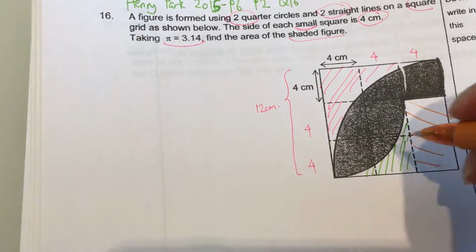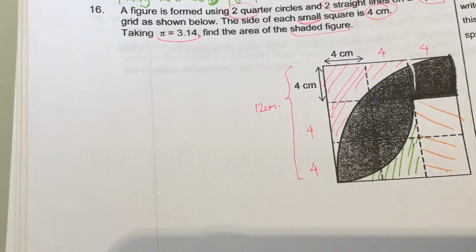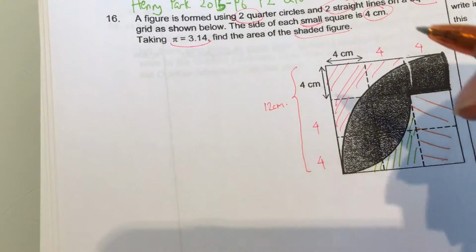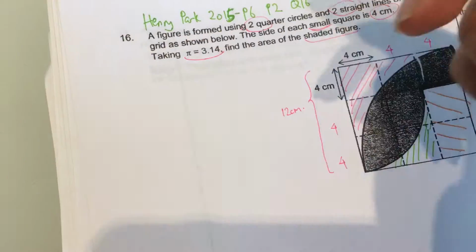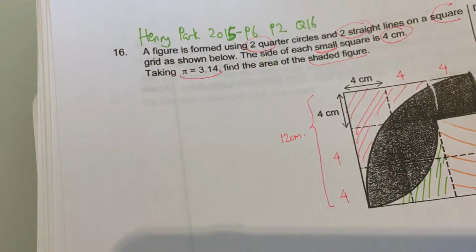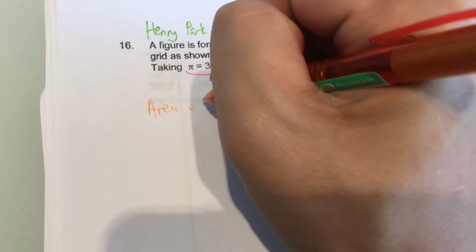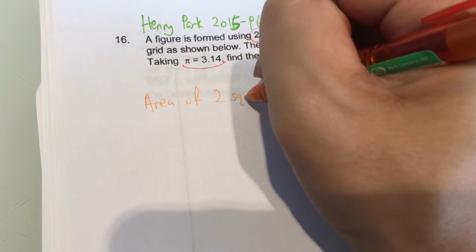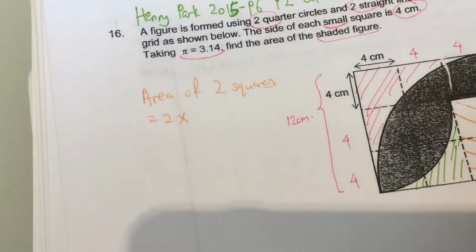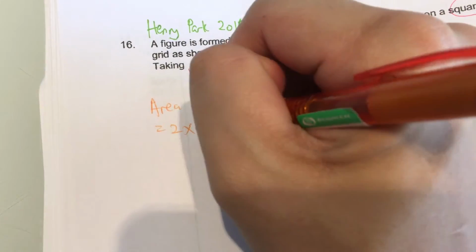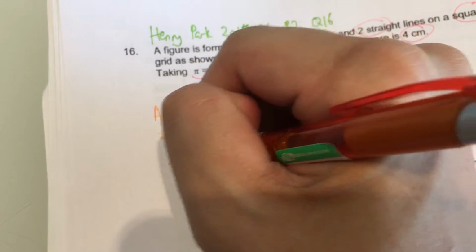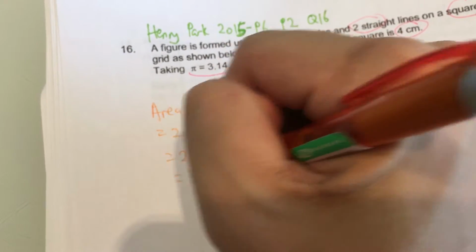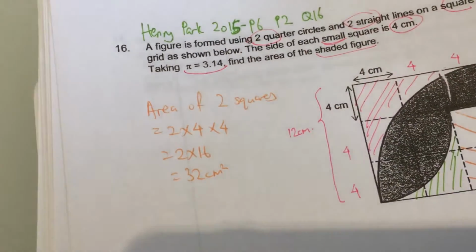Finding the orange portion is easy. Because I'm using colors here, I will just put area of two squares is 2 times 4 times 4, which is 2 times 16, equals 32 cm square.